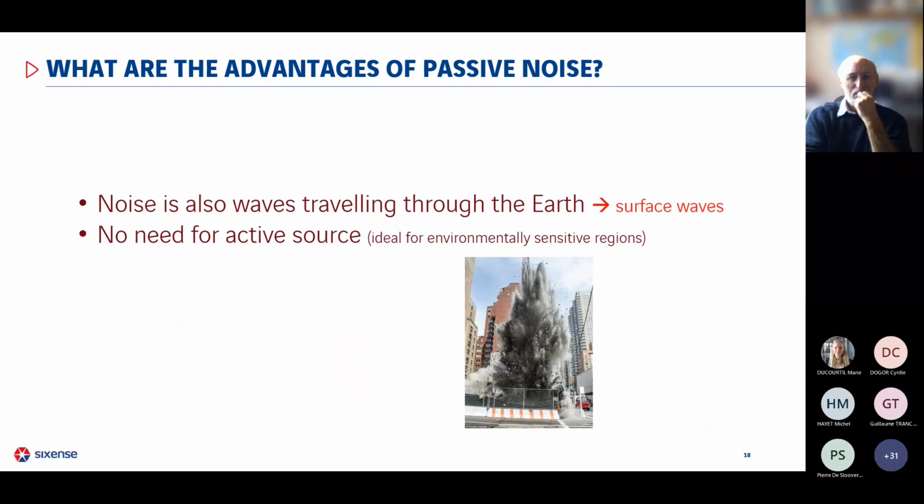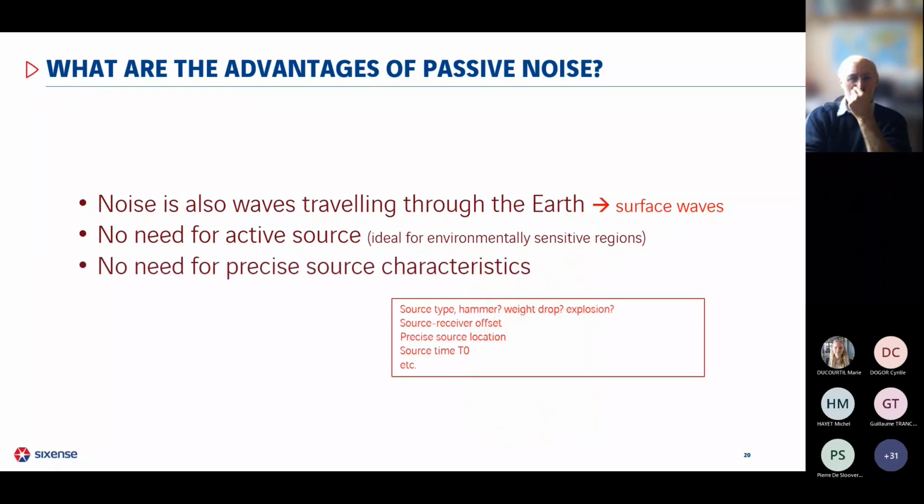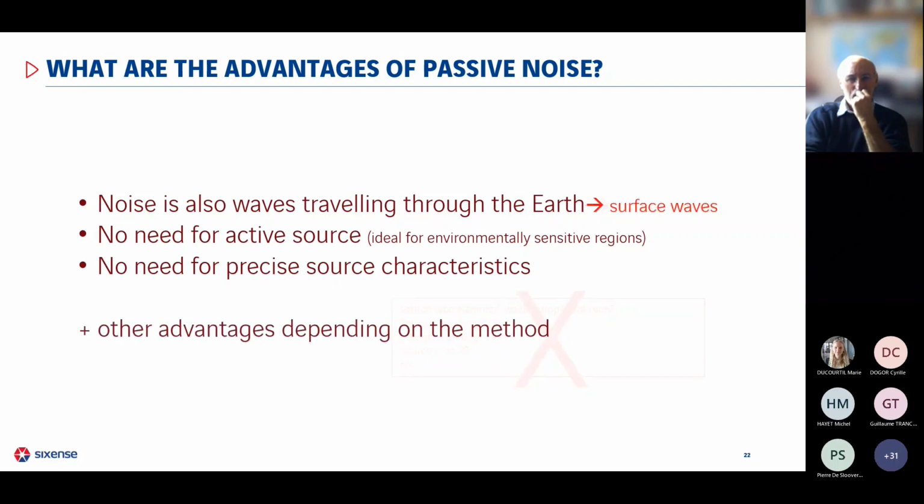Also, using seismic noise can sometimes be the only solution, especially in urban areas where the use of active sources is not recommended. Another big advantage of using noise is that we do not need to take care of the characteristics of the active source, such as its location, type, amplitude, etc. That is actually a big relief, because active source characteristics should be well defined for each study, and in some cases they could be poorly adapted and become a constraint.